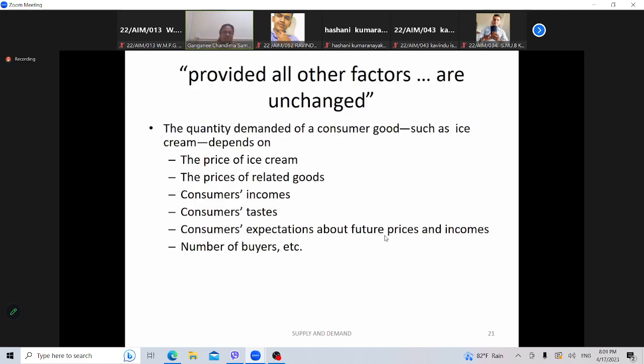So there is a term, the quantity demanded of consumer goods. Let's say ice cream.